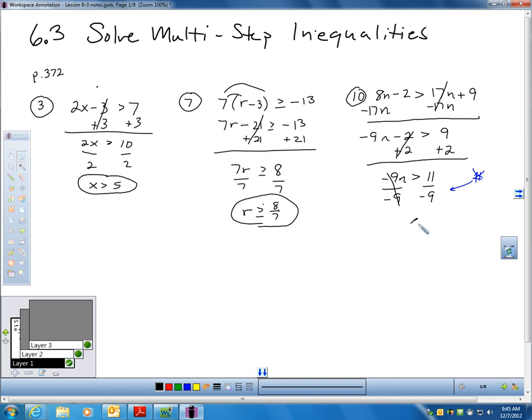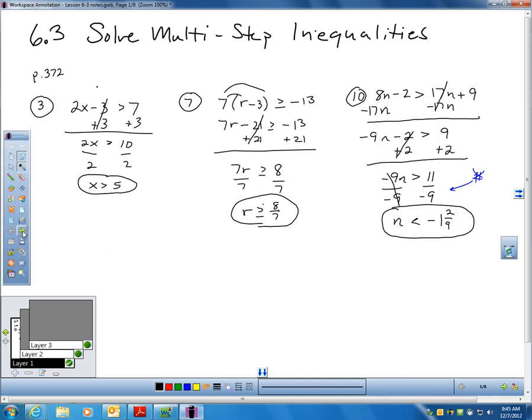So this inequality must be reversed. And I get n is less than, well, negative 1 2/9. Or I guess you could just keep it as negative 11/9. Okay, I must reverse the inequality when I multiply or divide each side by a negative. So I did reverse the inequality here.